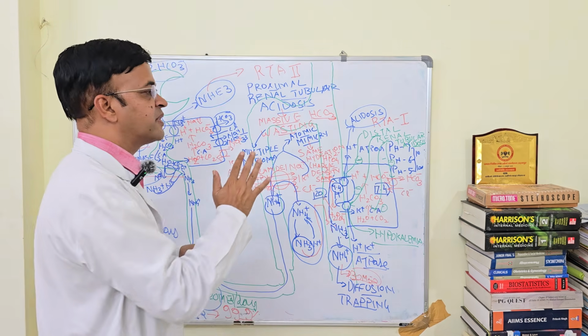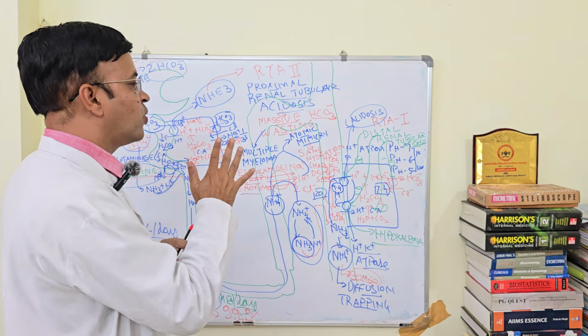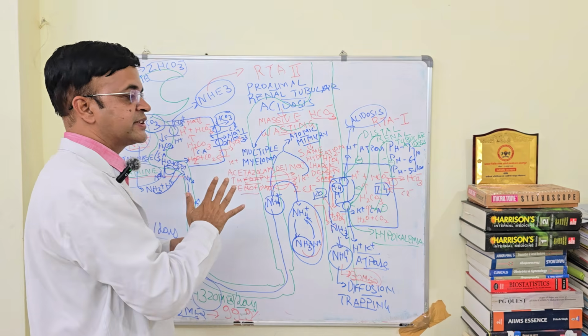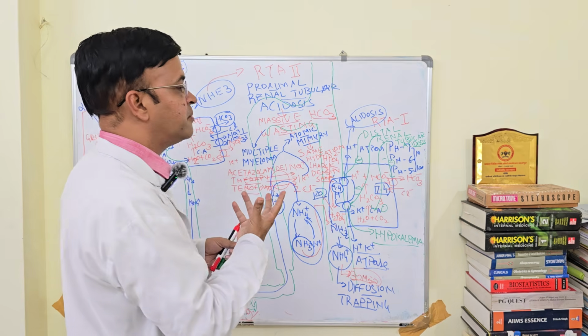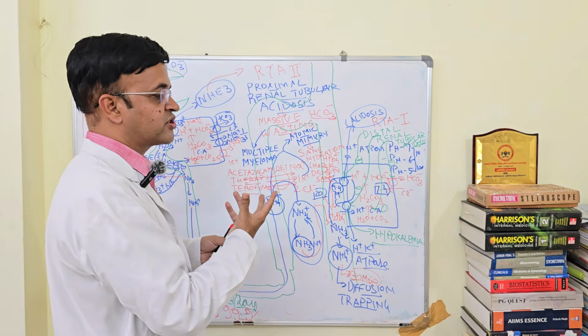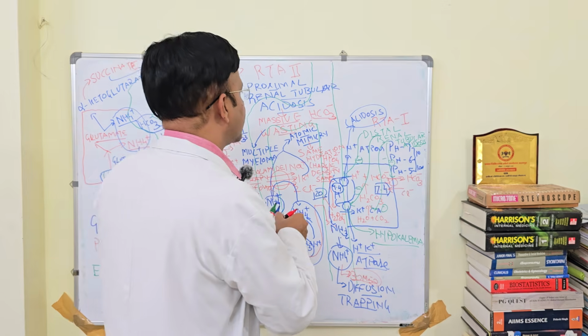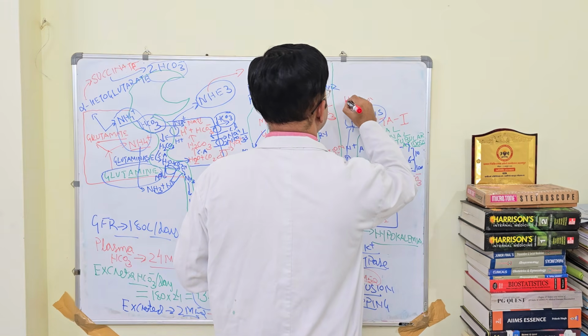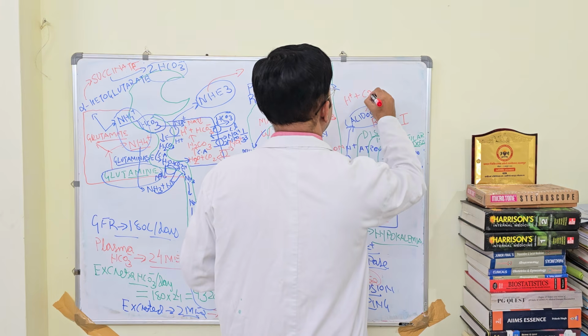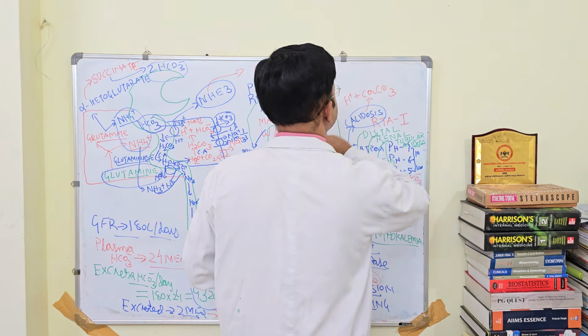This excess H plus, right, will go and combine with your bones, right? This bone also acts as a kind of buffer, right? It has got salts. So this H plus will go and combine with your bones. H plus plus CaCO3, right?